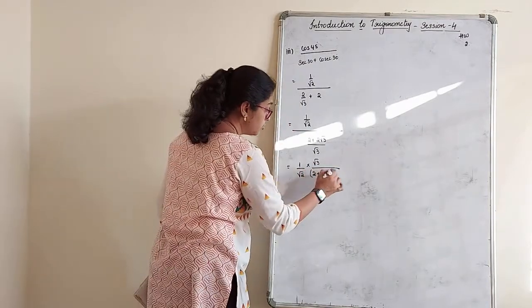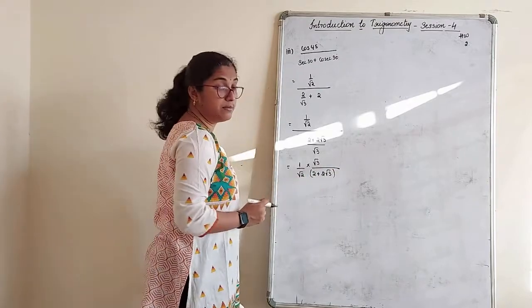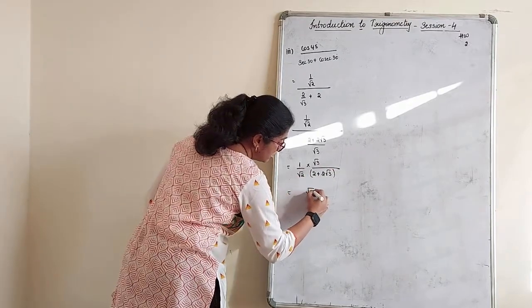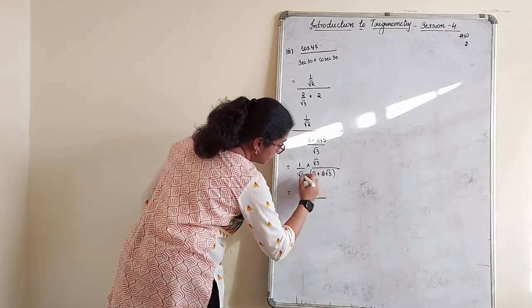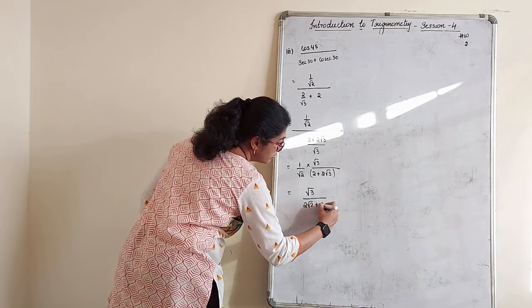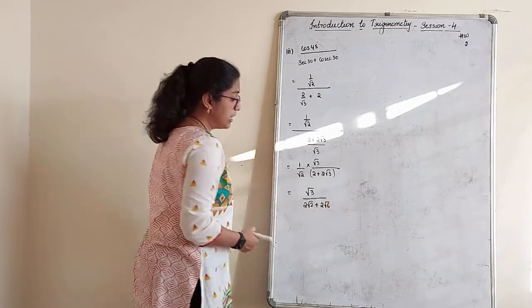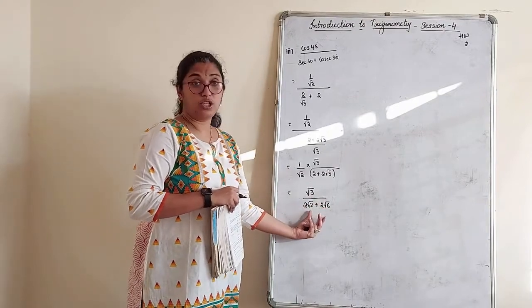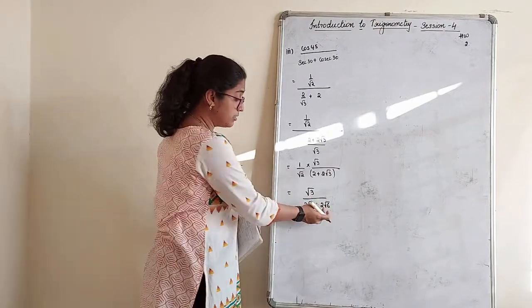Right? So a monomial by a binomial, multiplication, when you do this, you get root 3 upon 2 root 2 plus 2 root 6. This is not your final answer. The denominator of a fraction cannot be a surd. What is a surd?